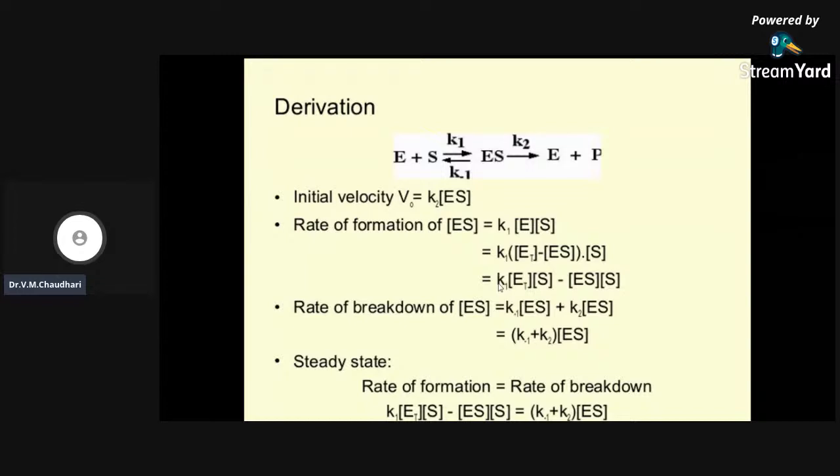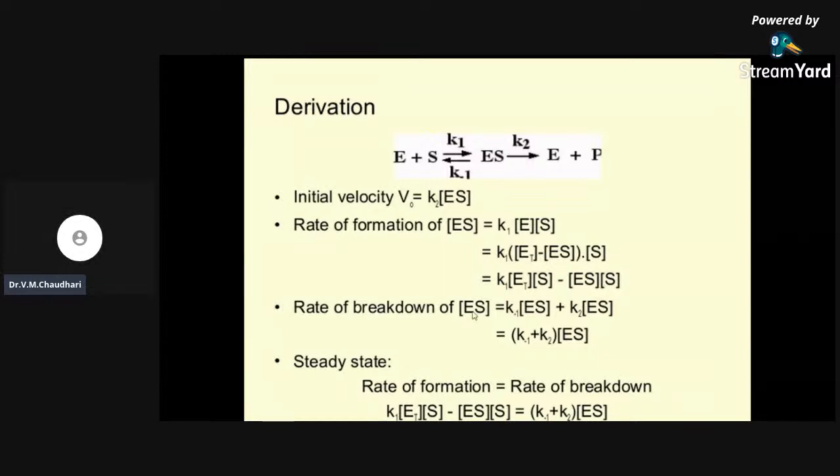That is the rate of formation of ES. Either you separate or you keep it as a combined form. याला एक मोठा ब्रॅकेट आहे K1 ES into S minus ES into S into bracket. This bracket is not shown here.